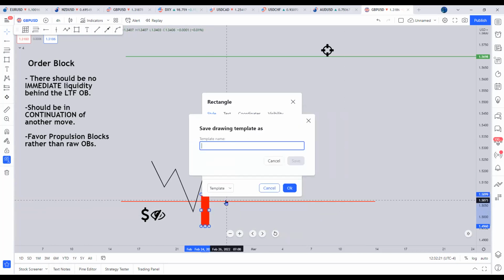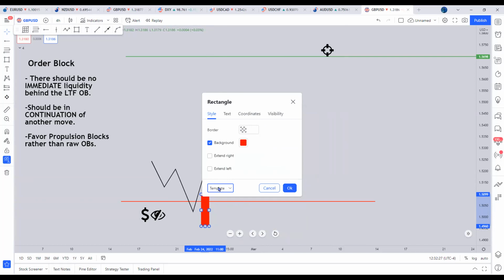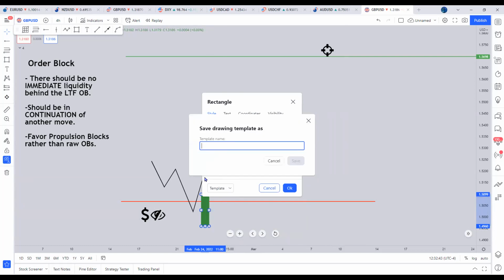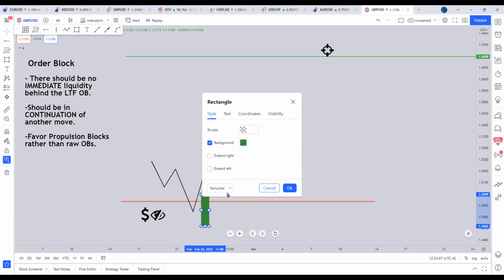This is going to be the down candle. And now we're going to change it over to green. Sorry, I didn't know this was possible.